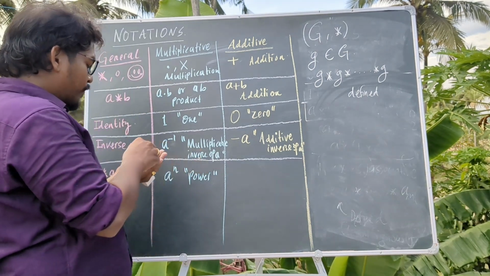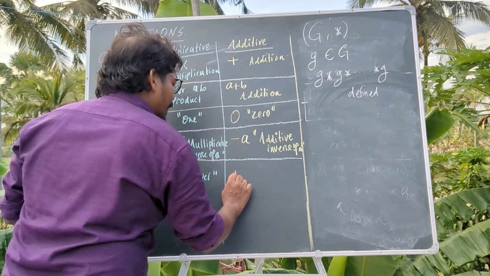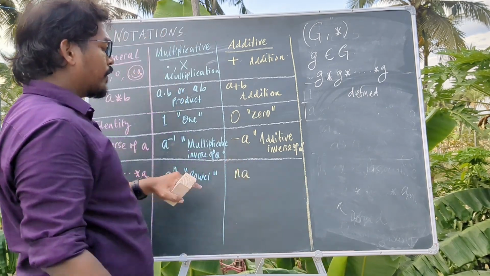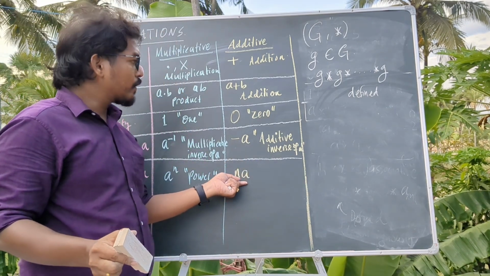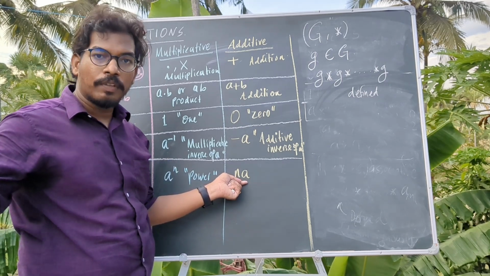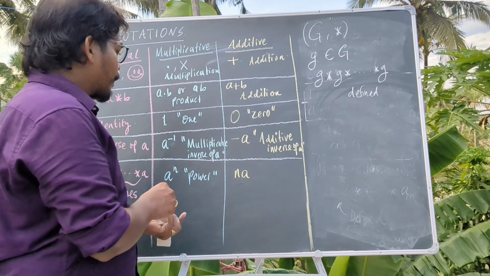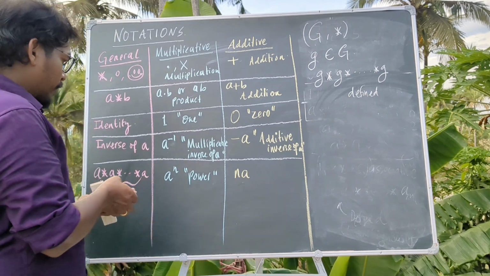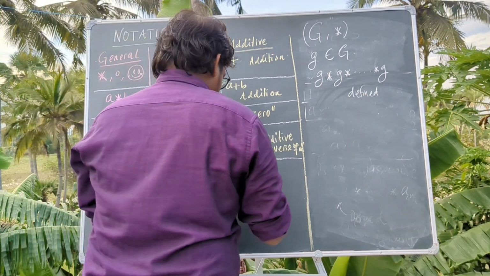And here we have n times A, and this will be understood as A plus A plus A plus A up to n times A, and this is multiples.